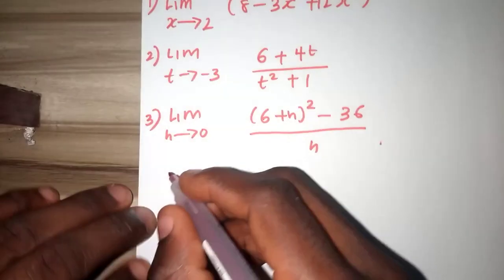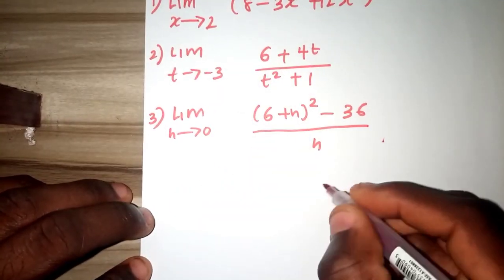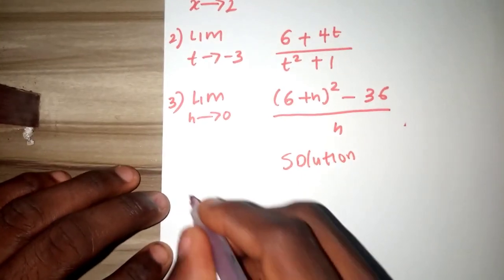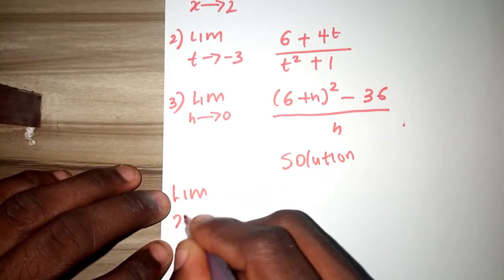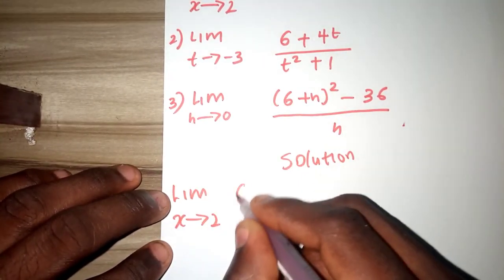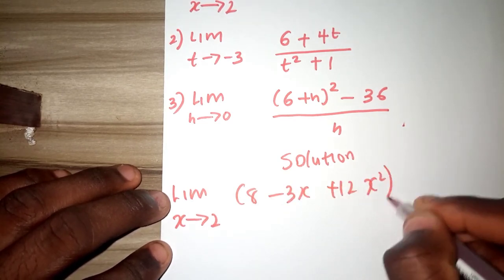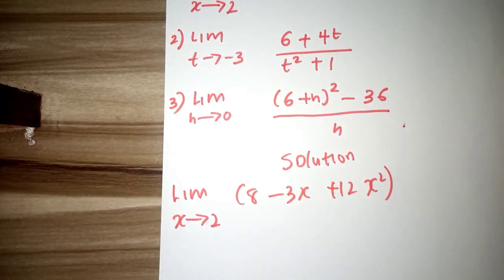Now, if you check number one very well, you have limit x approaches 2 of 8 minus 3x plus 12x squared. If you try to use L'Hopital's rule here, you may not get the answer. Why?